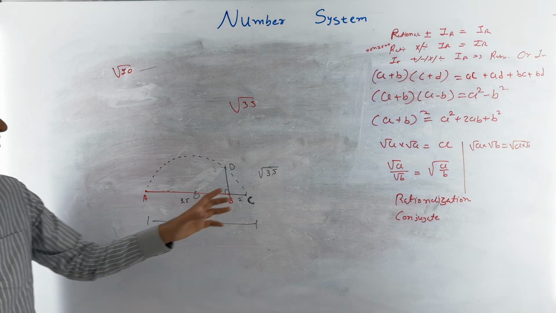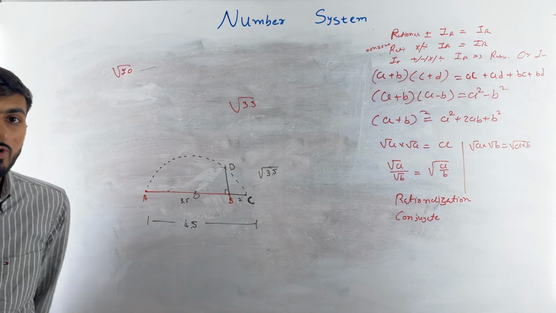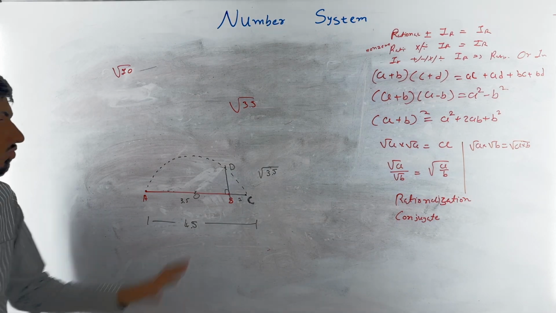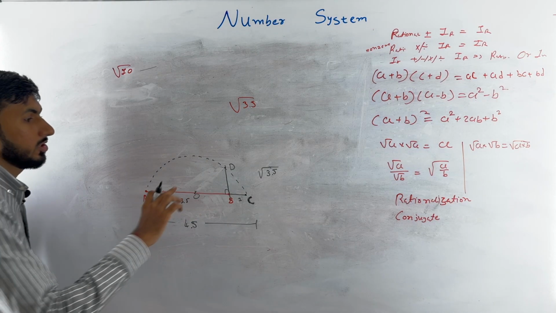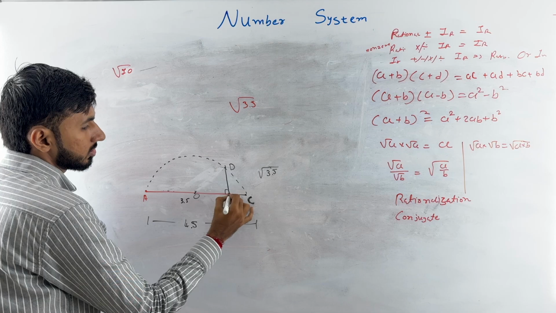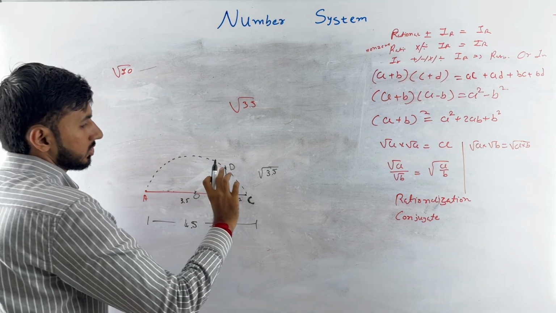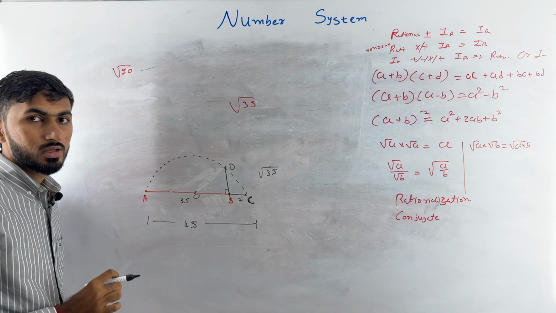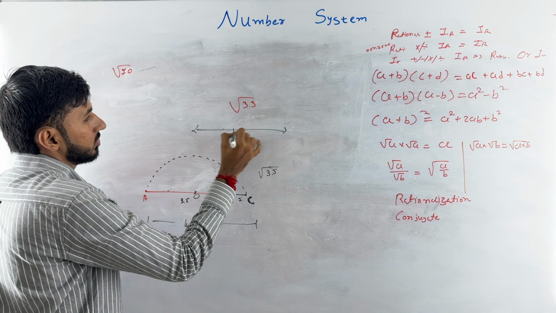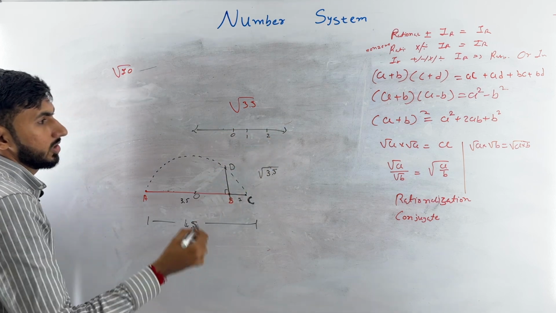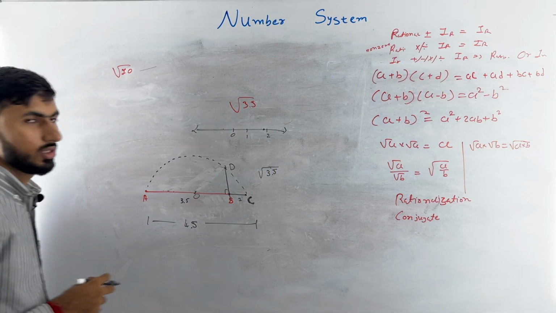If you have simply been asked in your question to mention square root of 3.5 on number line, you can stop the drawing process here, and the length of BD is always what is asked in the question, right? So just measure the length of BD with your scale and mention it on the number line. Here we have 0, 1, 2. So mention it in between. The answer will come somewhere here, right?